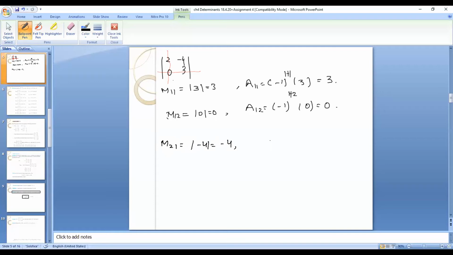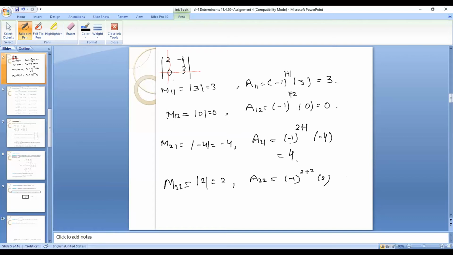And A21 is equal to minus 1 raised to power 2 plus 1 into minus 4. Minus 1 raised to power 2 plus 1, minus, minus into minus, plus 4. Then M22 will be hiding this row and this column. It will be determinant of 2, which is 2. And A22 is minus 1 raised to power 2 plus 2 into 2 is equal to 2.